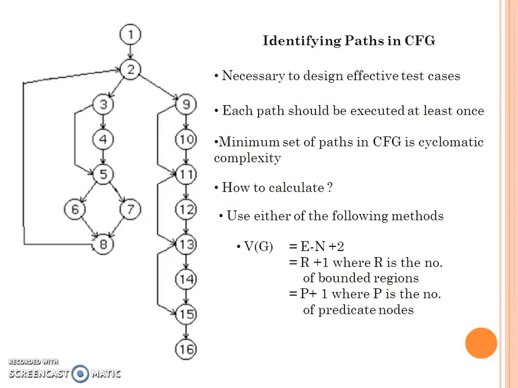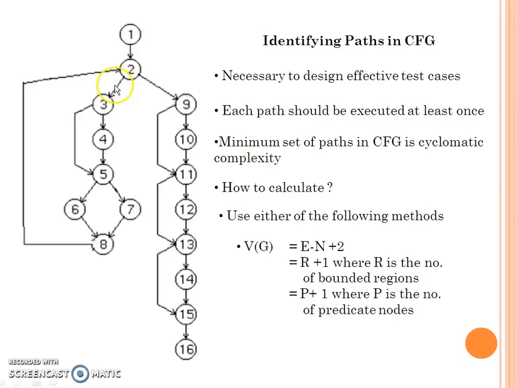McCabe has already given us the formula, and we can use either of these formulae for calculation. The first one is E minus N plus 2, where E is the number of edges, N is the number of nodes, and plus 2 is in the basic formula. Here we have 16 nodes, so N is equal to 16, and we have to count the number of edges.